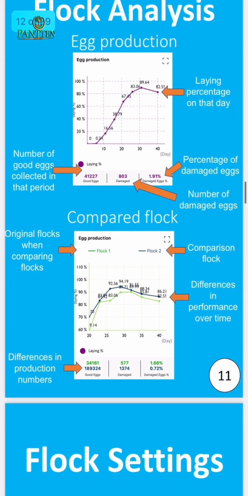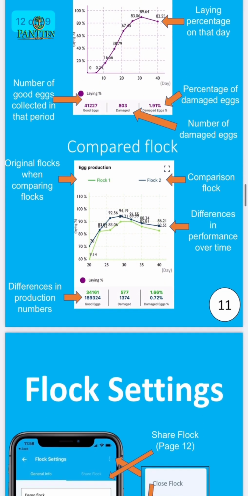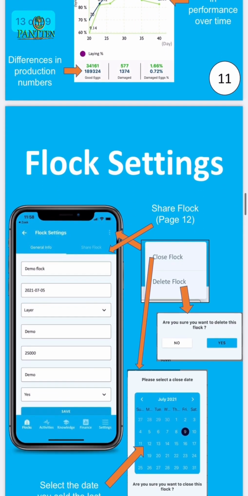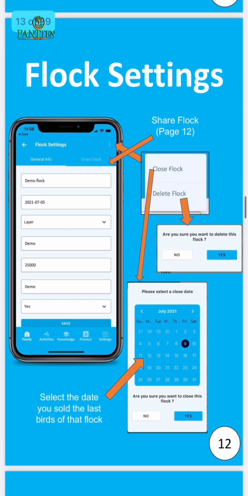As you can see in the flock setting, this is where, let's say you finish an old batch, you can go into the flock setting and close that batch off with an end date. Like they've all finished laying, or the broilers have all been sold, you can close it off and then keep it there to compare with another batch.